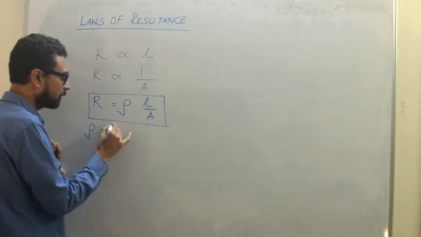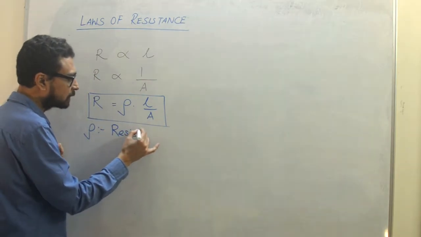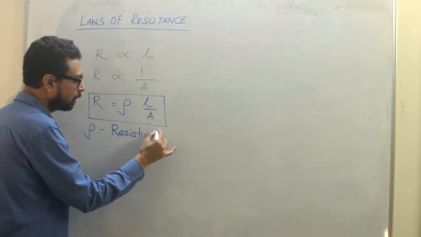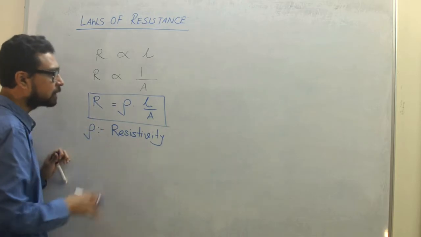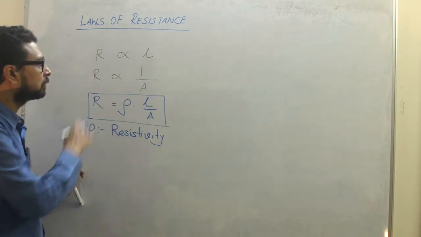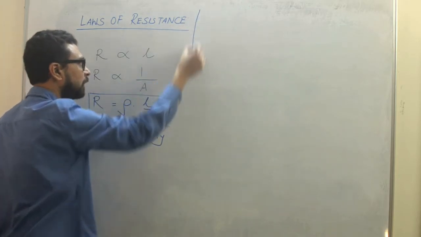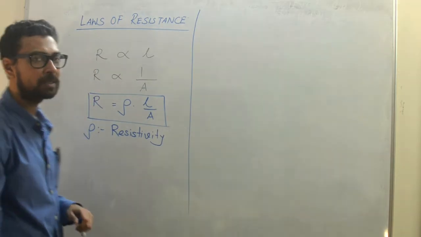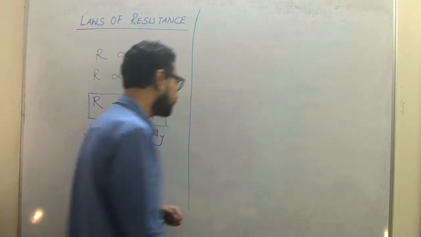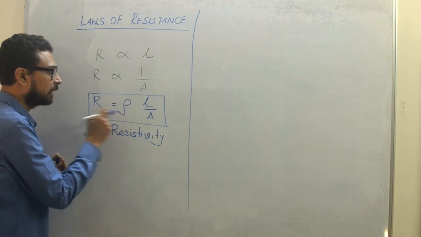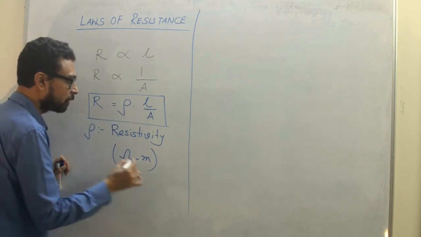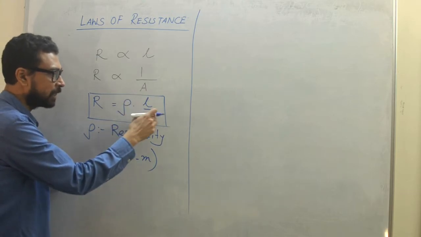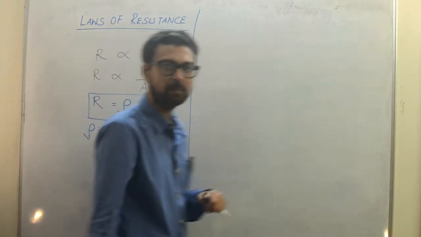The resistivity of a conductor is practically dependent on a lot of factors, but rho is the constant of this expression, and here we can see that rho is defined as the resistivity. The unit you can directly calculate from here. It's basically ohm meter, because L is meter, A is meter square, so ultimately it will be ohm meter.